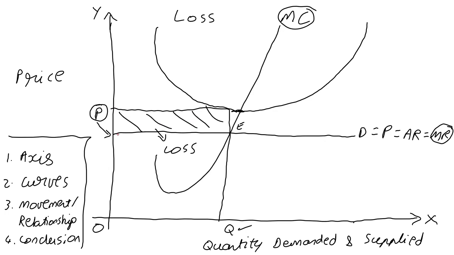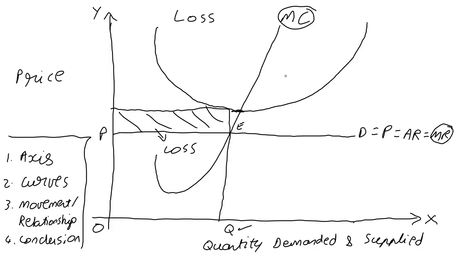The demand curve D is equal to P is equal to AR is equal to MR. The reason I redid the diagram was because price is by default up. So the demand curve is the price, which is equal to the average revenue, which is equal to the marginal revenue.